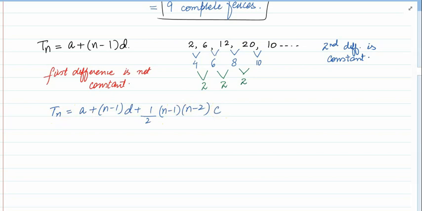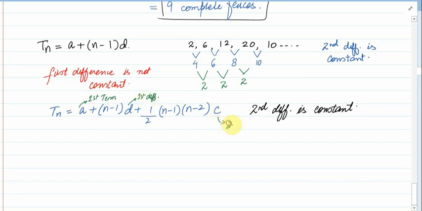You will apply this formula when the second difference is constant, like the one I showed you above. Now what are a, d, c? We know that a is the first term, d is the first difference, and c is the second difference.